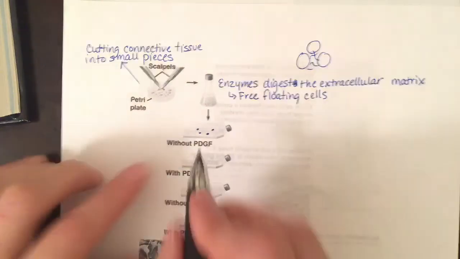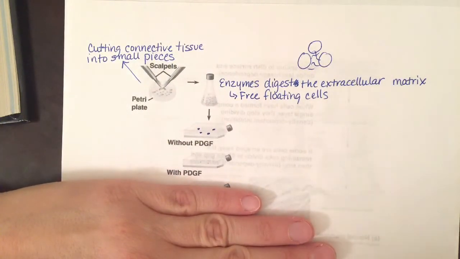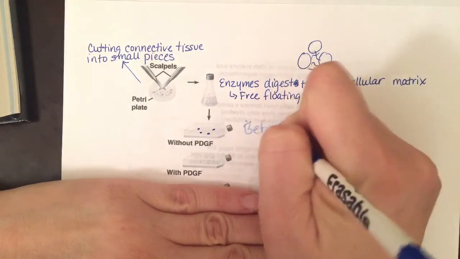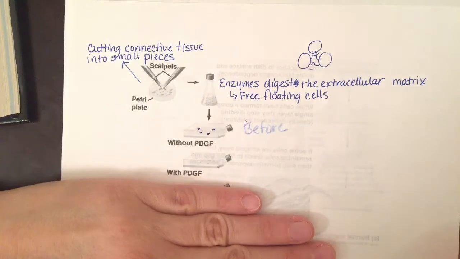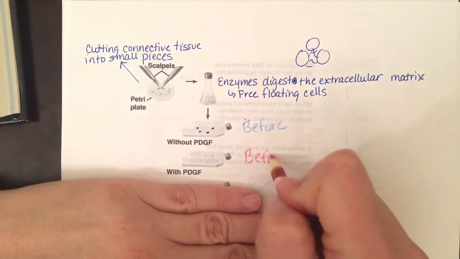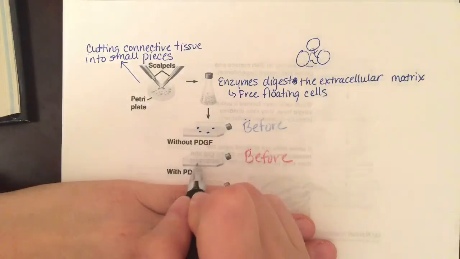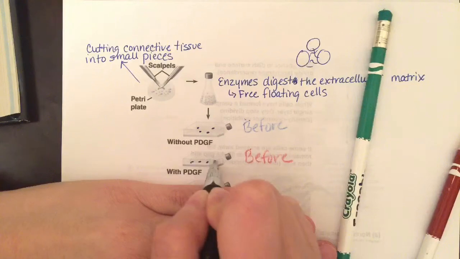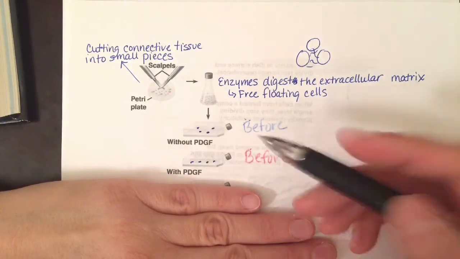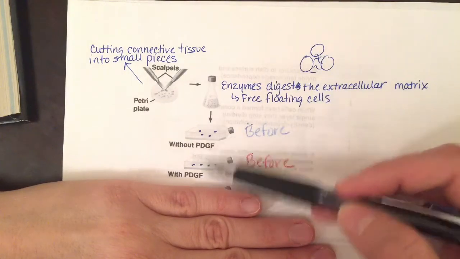These two are the before, so let's put these in different colors here. So this is before, and this is before. To begin with, they plated the same type of cells on two different types of plates, one with that growth factor and one without.